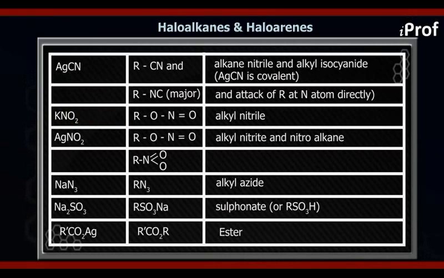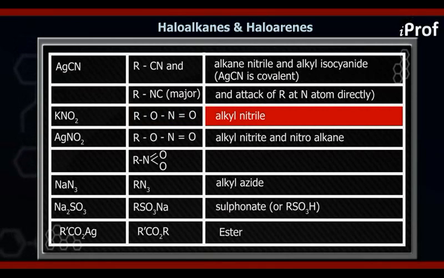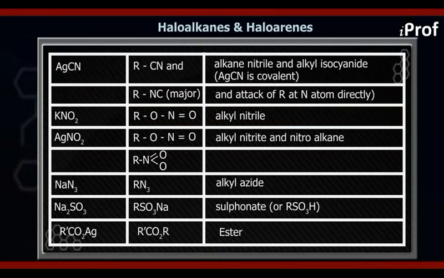Nucleophile will be O negative N double bond O, and so the product will be RO N double bond O, which is an alkyl nitrite. Next source of nucleophile we have is AgNO2. Nucleophile will be the lone pair on the nitrogen atom, and then the product will be RNO2, which is nitroalkane.